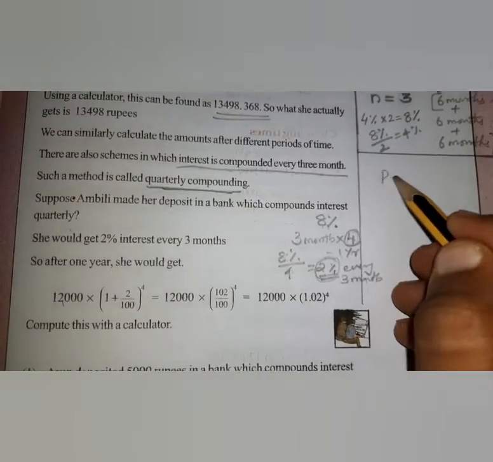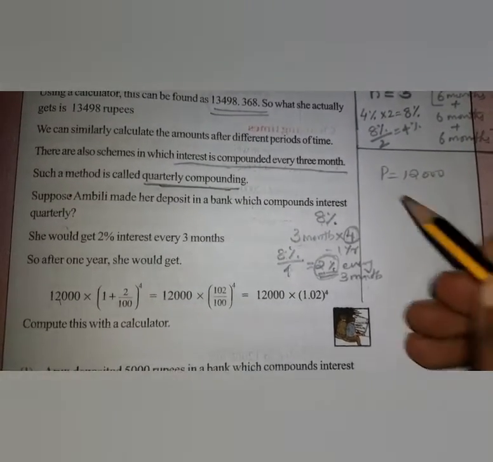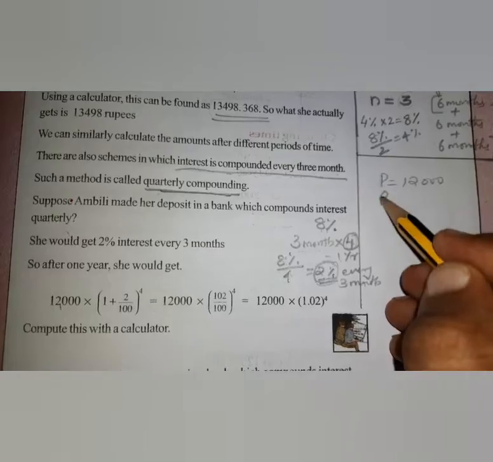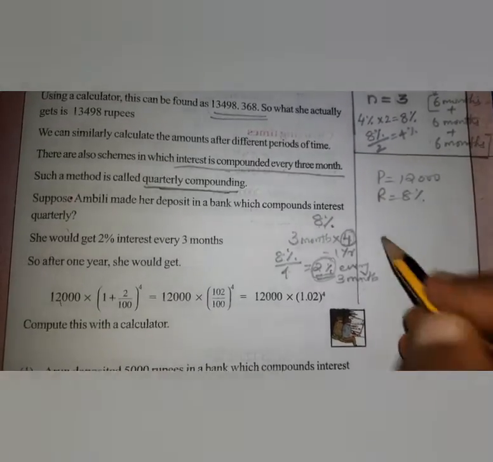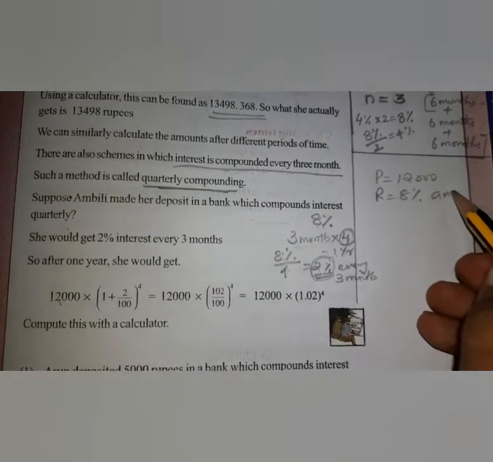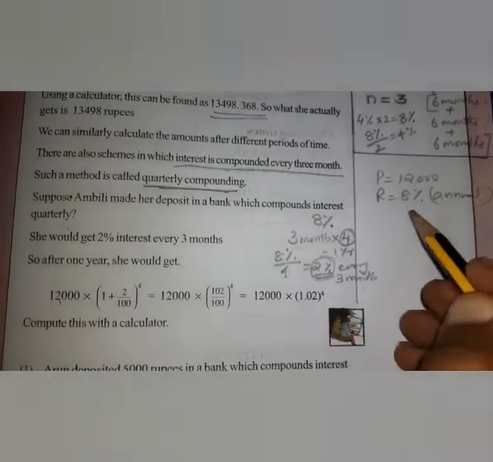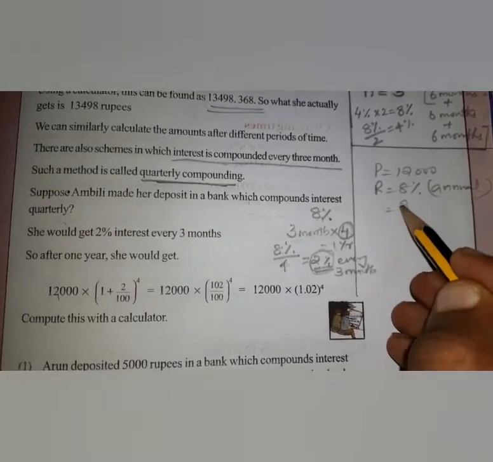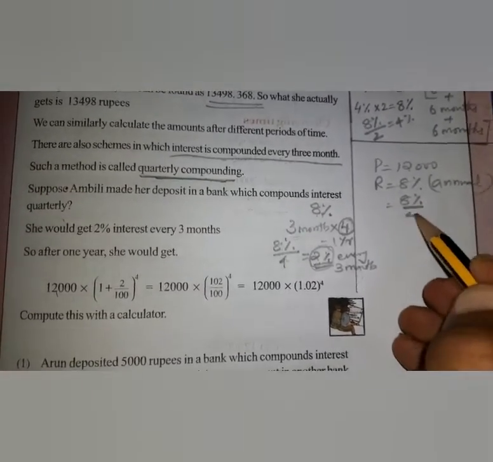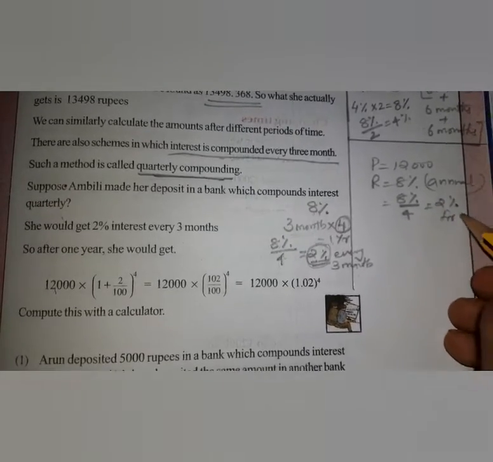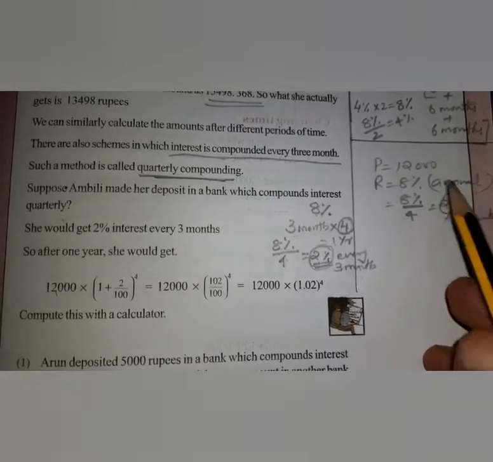Our principal amount is 12,000. The rate of interest annually is 8%, but the interest is calculated how many times a year? 4 times a year. So 2% is for every 3 months. Remember that one. The interest is 2% only, not 8%.